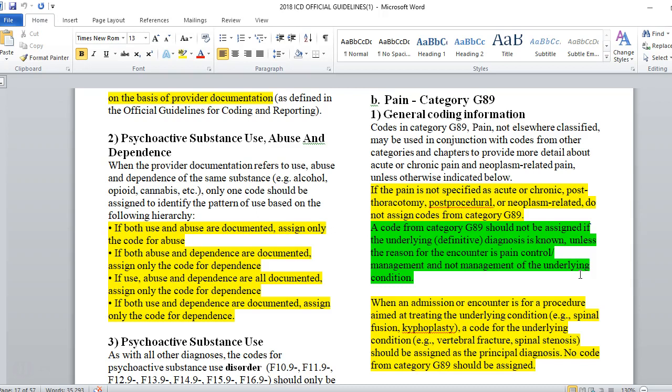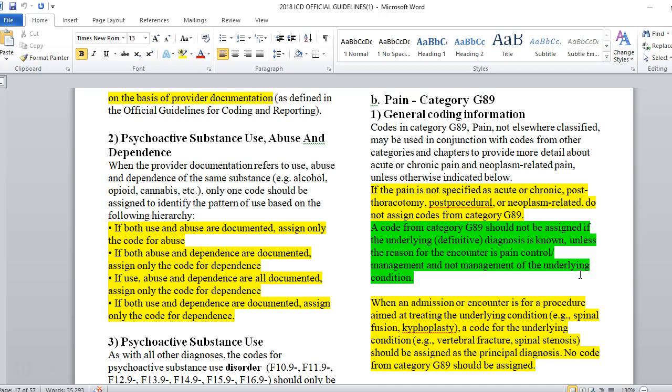The second set of guidelines is about pain. Codes in category G89, pain not elsewhere classified, may be used in conjunction with codes from other categories and chapters to provide more detail about acute or chronic pain and neoplasm-related pain, unless otherwise indicated below. So again, this is going to help us describe whether it's acute or chronic. It's also going to help with things like neoplasm-related pain.